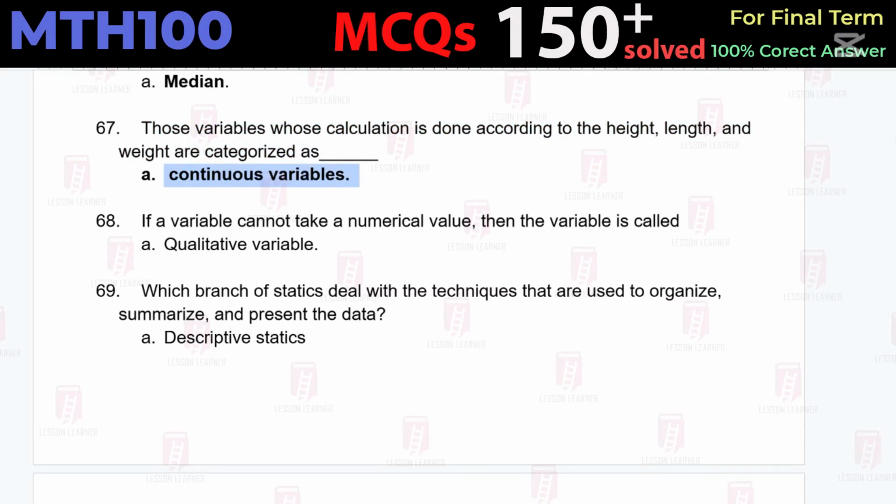If a variable cannot take a numerical value, then the variable is called a qualitative variable. Which branch of statistics deals with the techniques that are used to organize, summarize, and present the data? It's descriptive statistics.